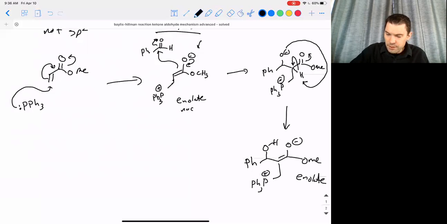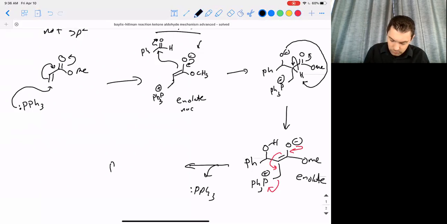Because we can take this enolate and we can imagine pushing it down through the red arrows here and kicking off PPh3, and that would generate the products. So that's going to be the correct way to go here. And that regenerates our double bond there. That was in the starting material.